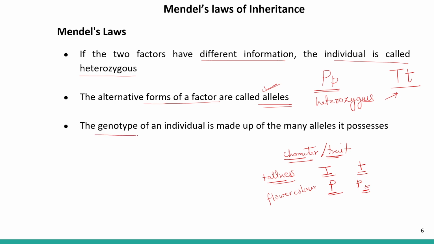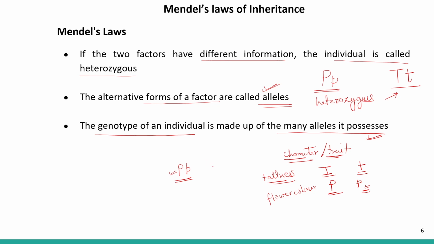The genotype of an individual is made up of the alleles it possesses. Okay, so the genotype is the one which we can see by the paired chromosomes and the concerned allele, that is capital P, small p. So this is showing the genotype, right? And how the plant appears morphologically, that will give you the phenotypic character.